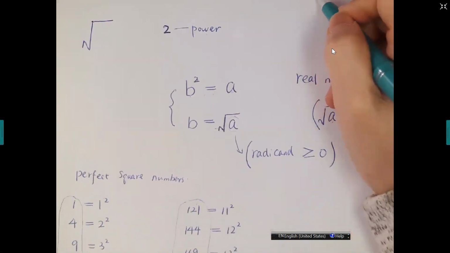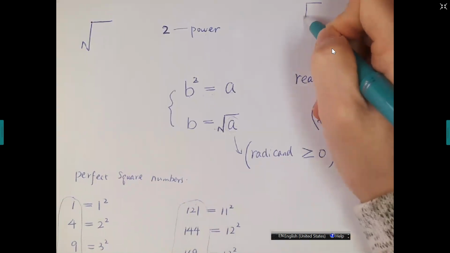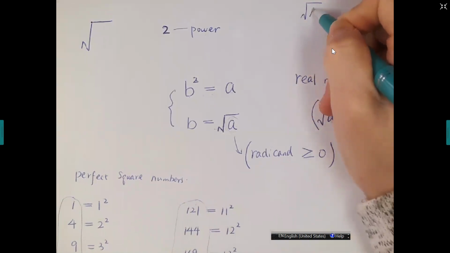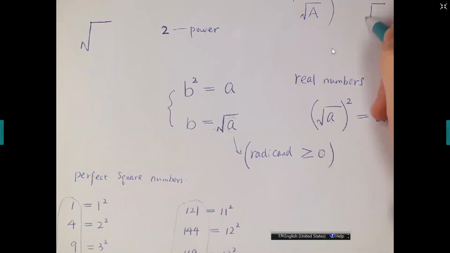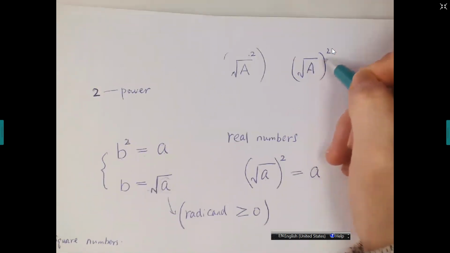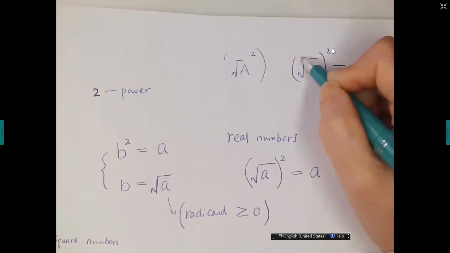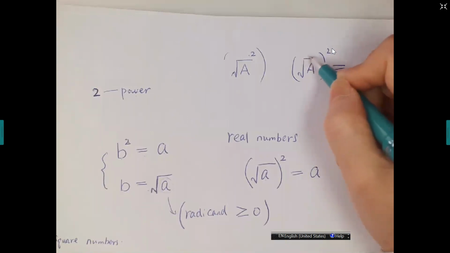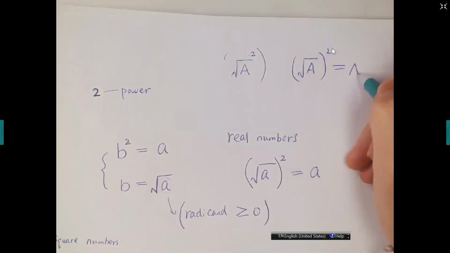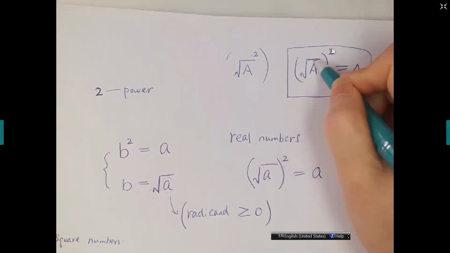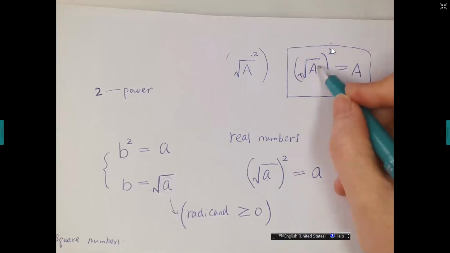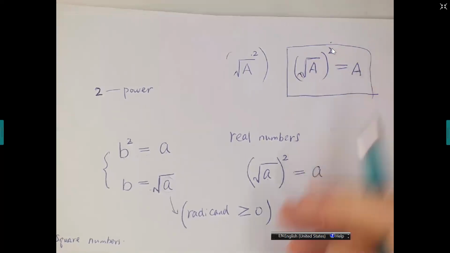Whenever we raise a radical to the square, whatever that is, I use capital A. Rewrite it: the square of a radical expression equals the radicand itself. This square and this radical symbol, they cancel each other. We'll leave the A here. This capital A can be any number, can be any expression.